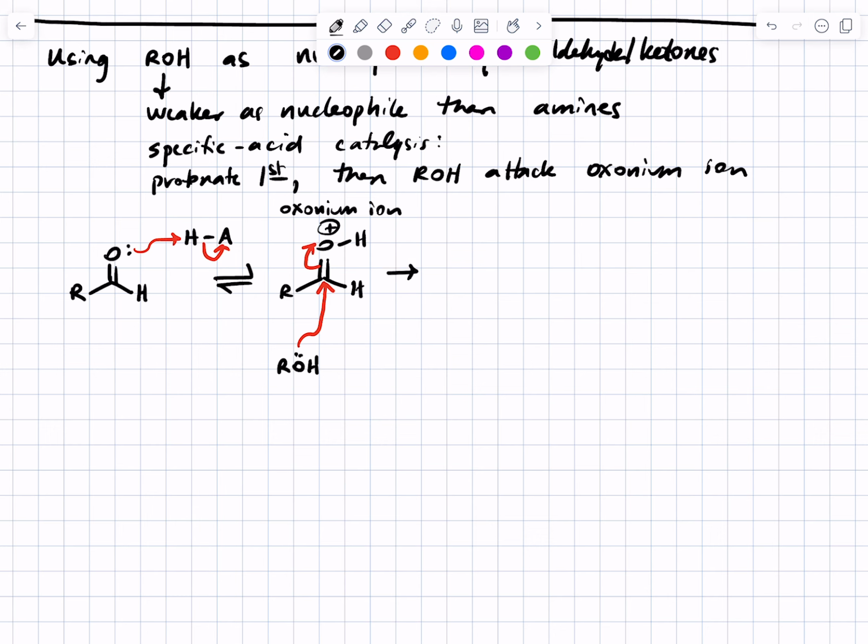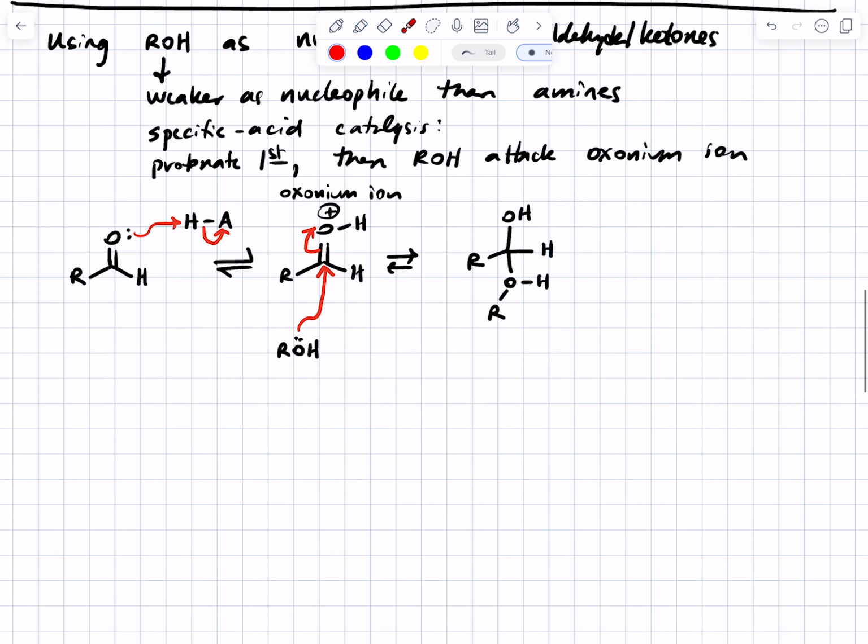That makes sense, or it should make sense, because you have a neutral alcohol, and when it attacks the carbonyl carbon of the oxonium ion, you can see that it generates a neutral OH group. A neutral alcohol should be totally reasonable to generate a neutral OH group in the tetrahedral intermediate.